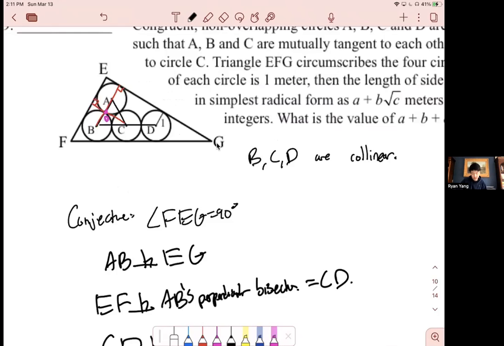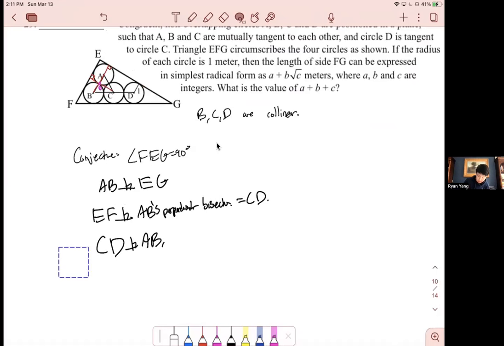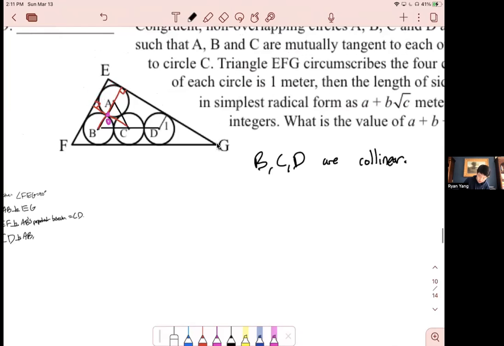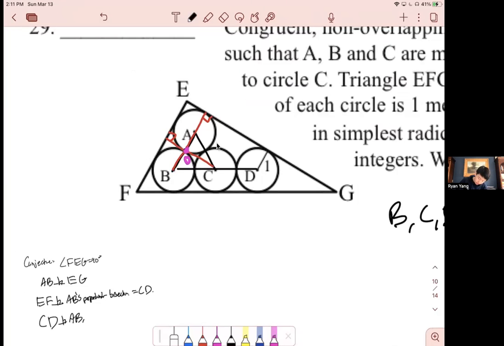And also, in fact, it actually doesn't really matter. So I'm going to shrink that. You know the slope of EF, because angle EFG is equal to angle ABC.